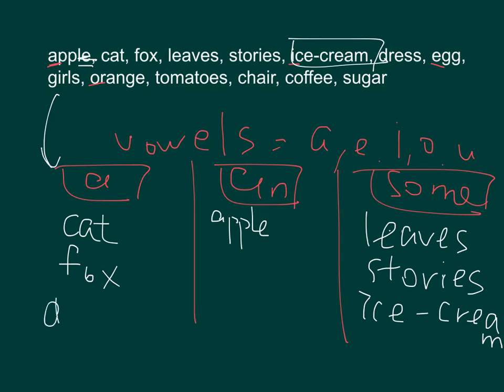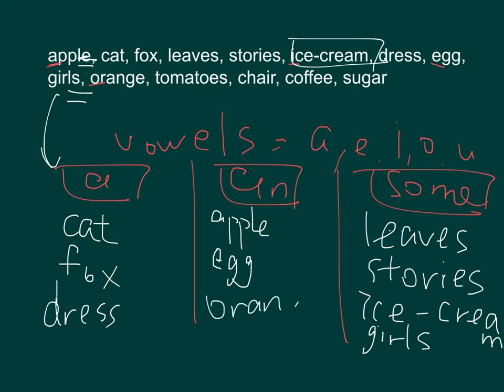Dress, a dress. Okay, a beautiful dress. Egg, an egg. Right? And girls, because we have S here, we know that is more than one. Girls. An orange, because it starts with O, A-E-I-O-U, vowel, and then we use an orange. Tomatoes.